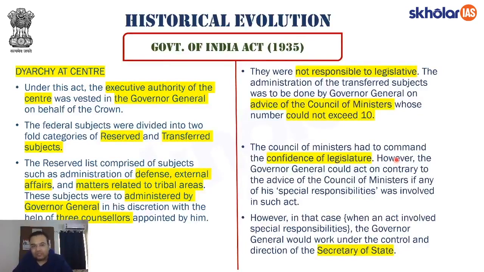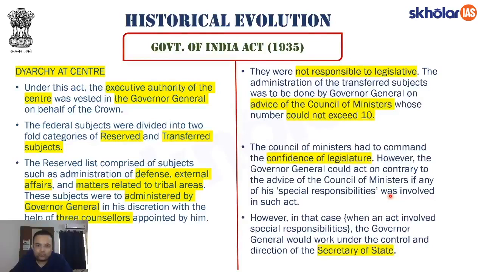Secondly, if the Crown has given some kind of decision or direction to the Governor General with respect to any matter, the Governor General needs to act on it. If any advice entered by the Council of Ministers is against the directions given by the Crown, that again will mean that his special responsibilities are getting affected.